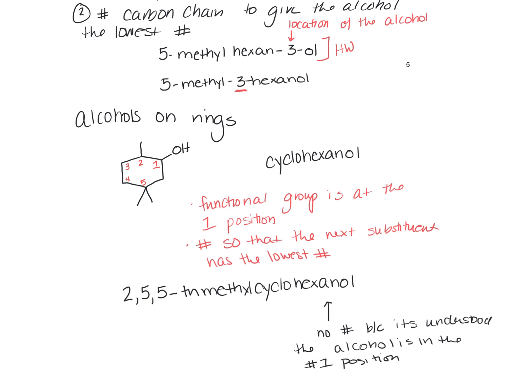That's something we need to keep in mind, a big difference between naming a longest carbon chain and naming a ring. With a ring, we don't include the number for the alcohol if there is just 1. If there's 2, then we need to use prefixes. And we're going to talk about those prefixes in just a second.